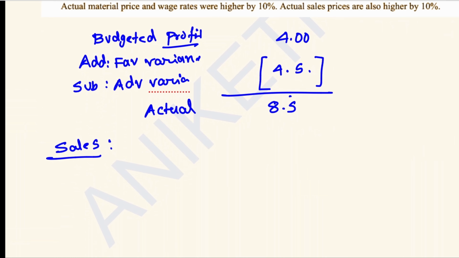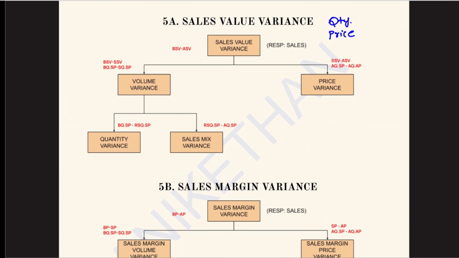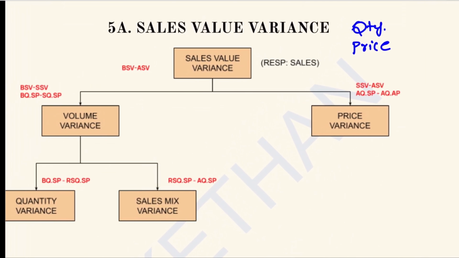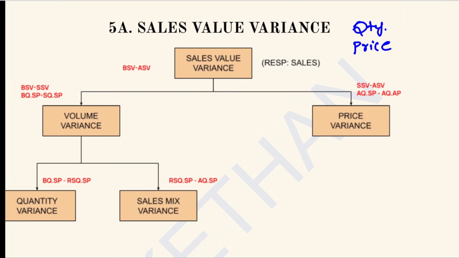So sales variance, first you have sales price variance. What is the formula for sales price variance? This is the table for your sales price variance. Price variance is given by standard sales value minus actual sales value, AQSP, AQAP.